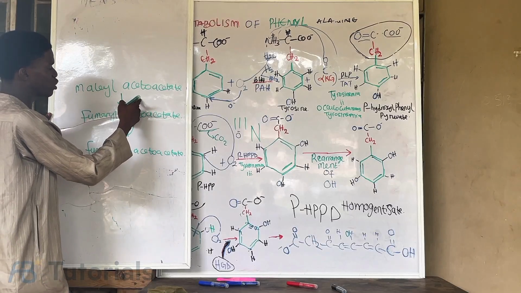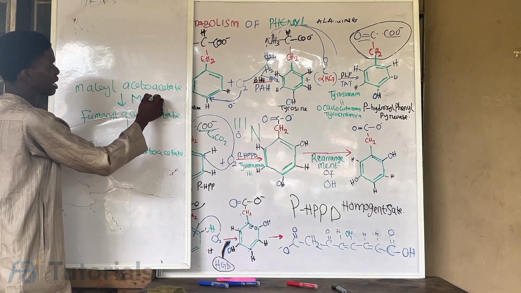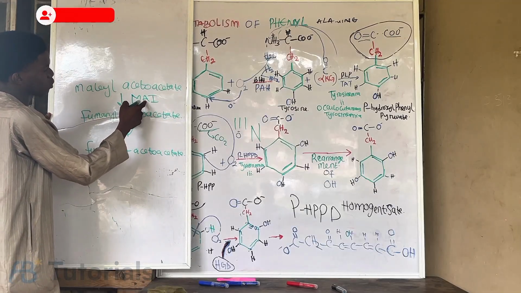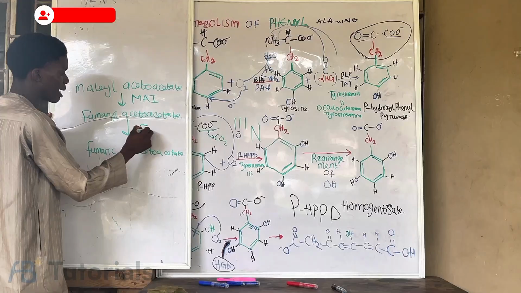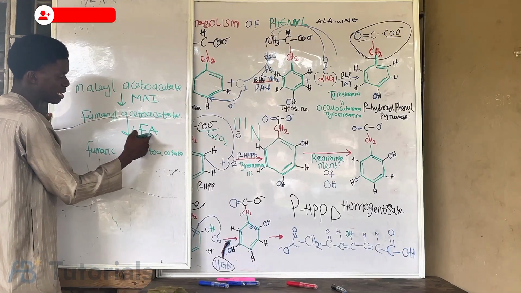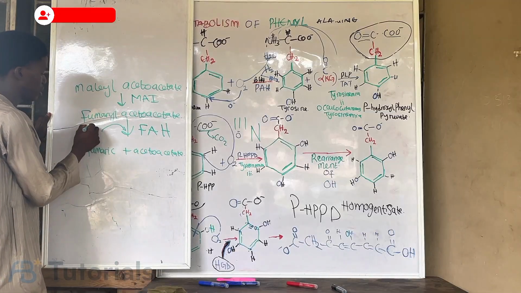The enzyme involved in the first step is maleylacetoacetate isomerase. The one involved here is fumarylacetoacetate hydrolase, because water was added here, right?